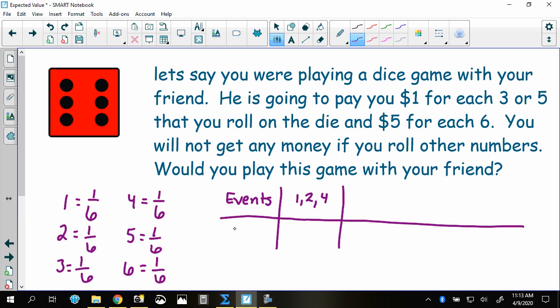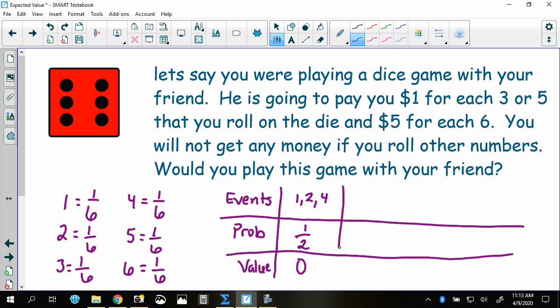So our probability for that is 1, 2, and 4. So that's 3 out of 6, so that's 0.5 or 1/2. And we get no money. So that is our value. That's what we're going to multiply it by, the value. So we get no money for this value.